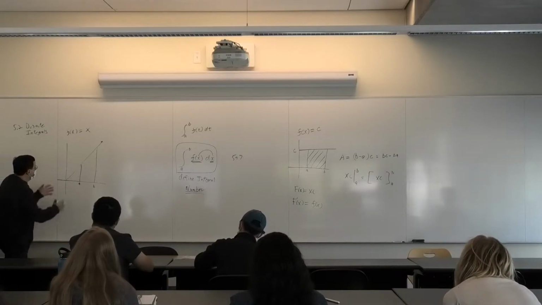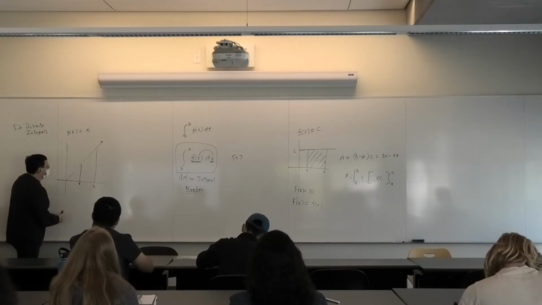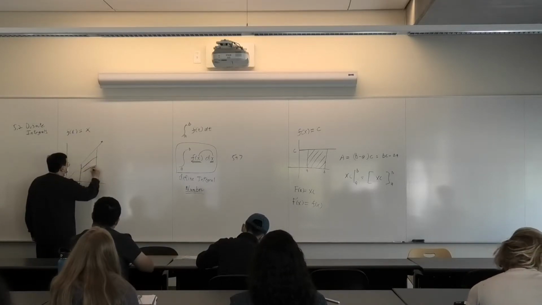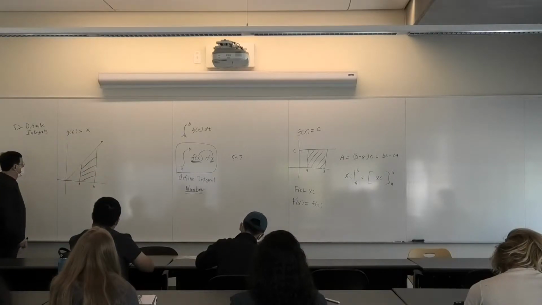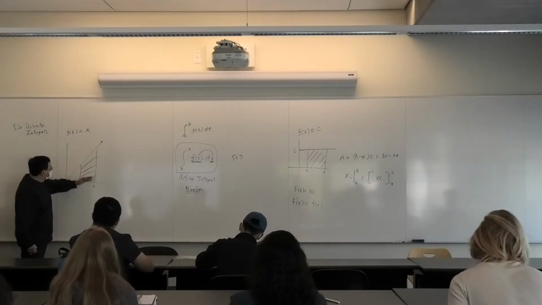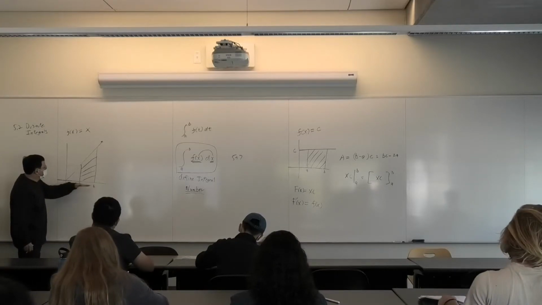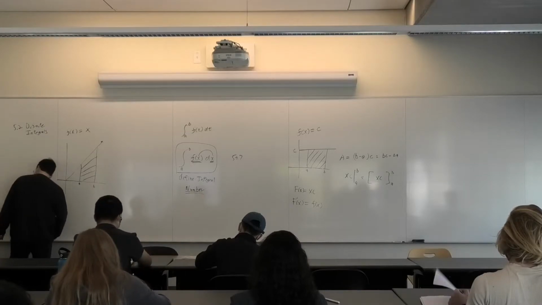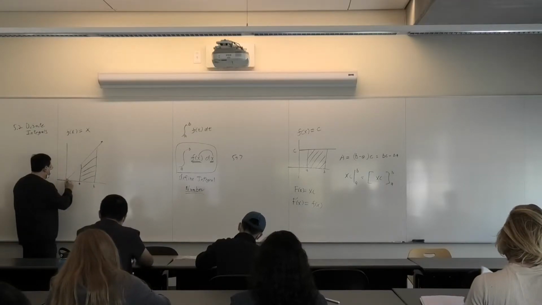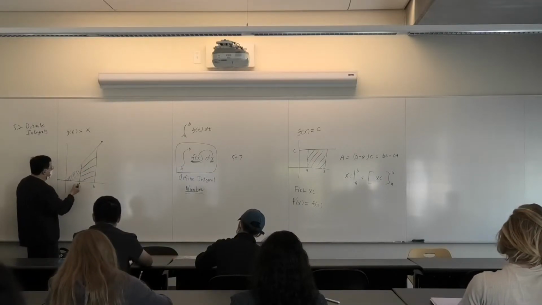So looking at this, we want to think about what is this area here between A and B? Well, look at it as a trapezoid, but I think it's easier just to see this as we have some triangles here. We have a little triangle and we have a big triangle.